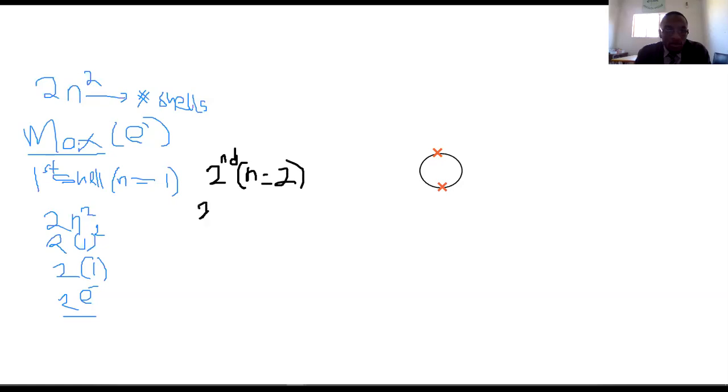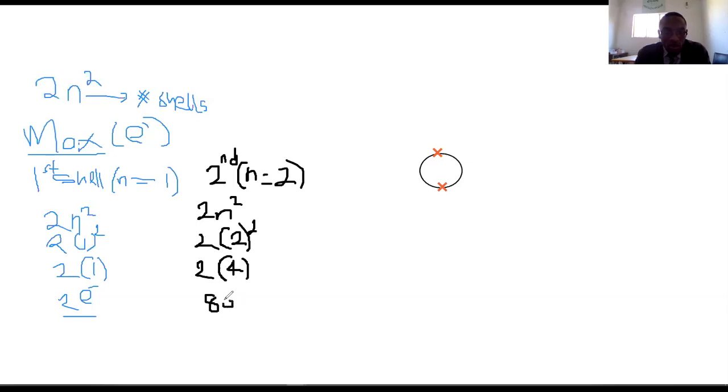So substituting the 2 in the formula of 2n squared, it becomes 2 times 2 squared. So 2 squared is 4. Then 2 times 4, we get 8.